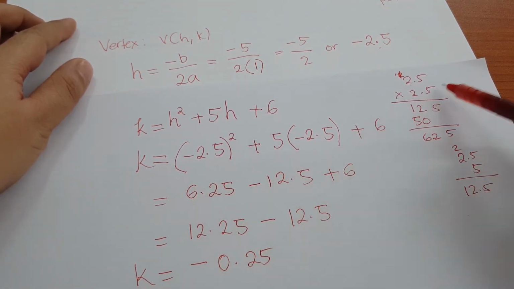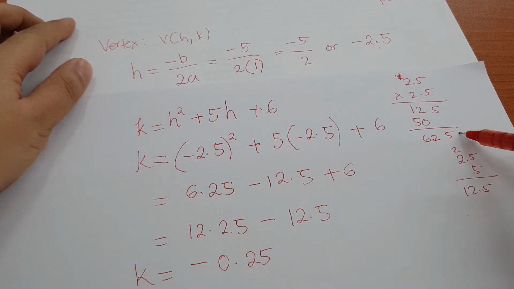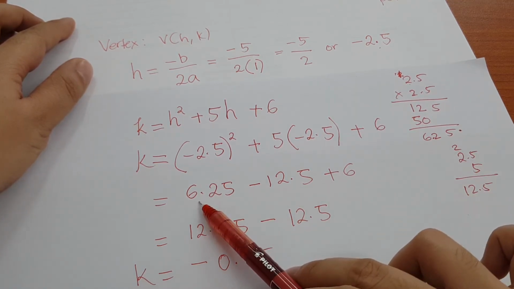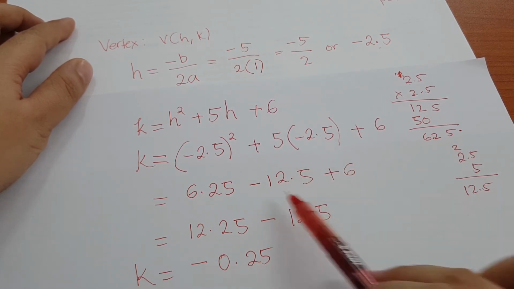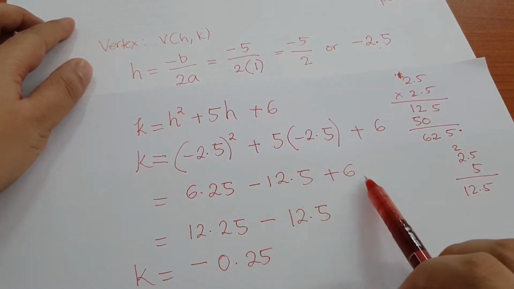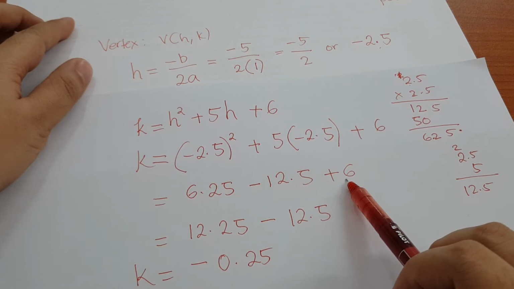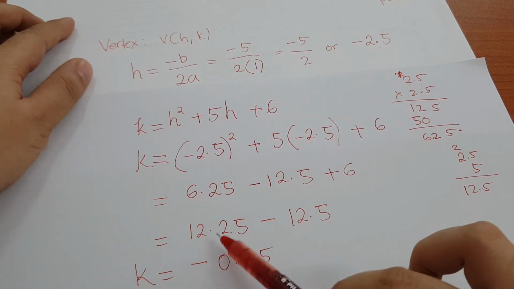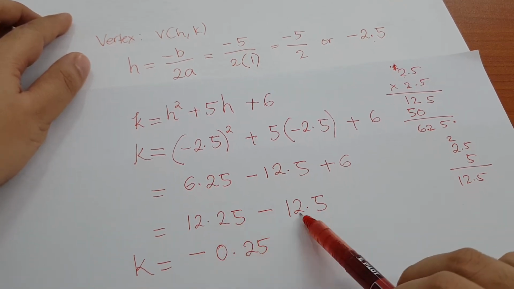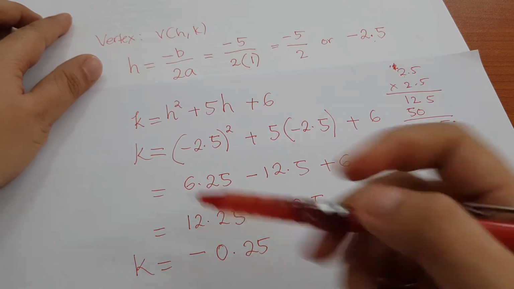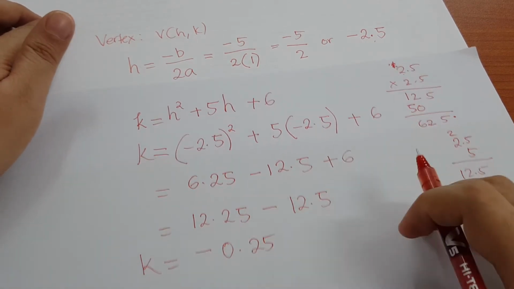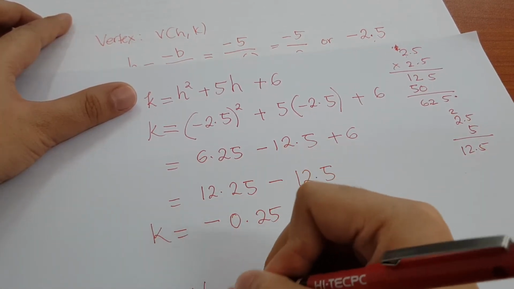Minus 2.5 squared, here are the steps, the answer is 6.25. 5 times minus 2.5 is minus 12.5, plus 6. 6 plus 6.25 is 12.25, minus 12.5. So the answer for the value of k is minus 0.25. Hence, what is your vertex?